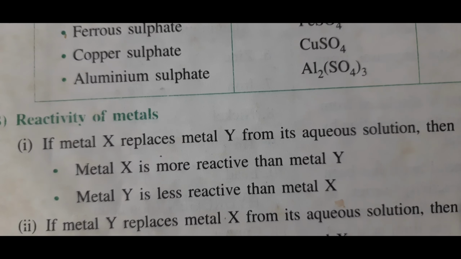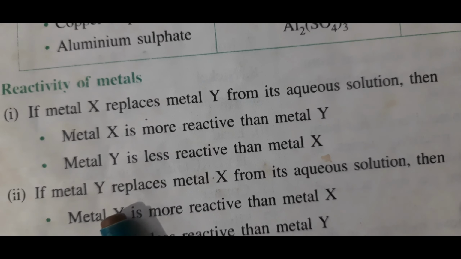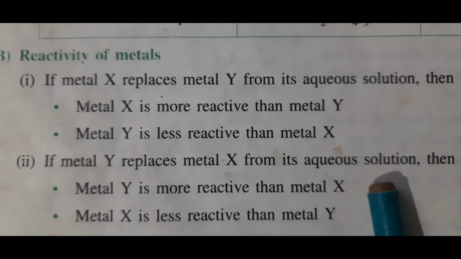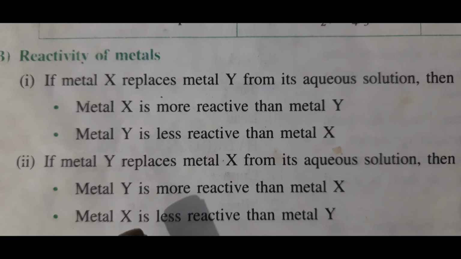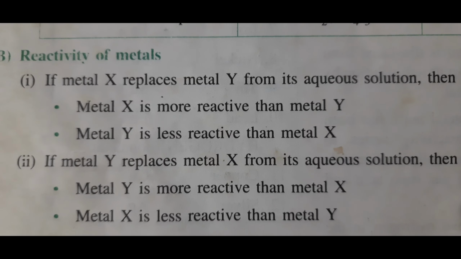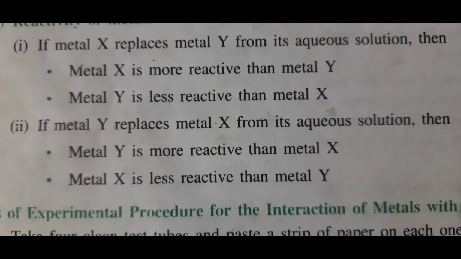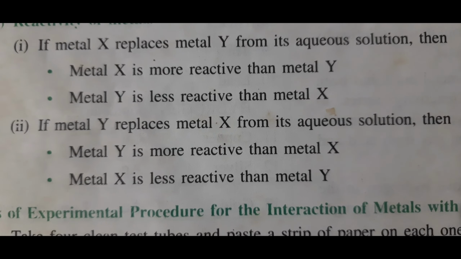Now, if we take the reverse, if metal Y replaces metal X from its aqueous solution, then metal Y is more reactive than metal X, or metal X is less reactive than metal Y. Okay, these are the basic principles involved.